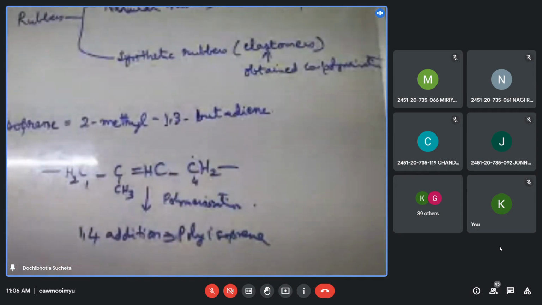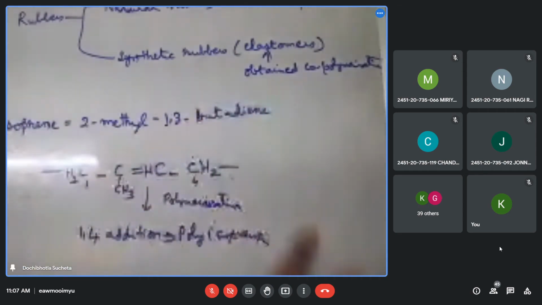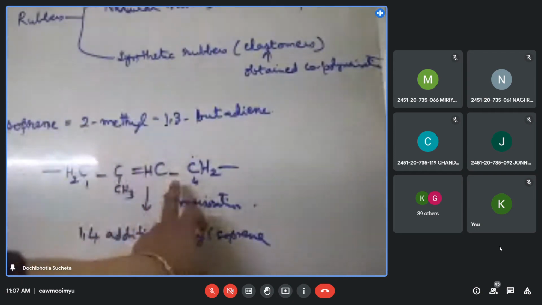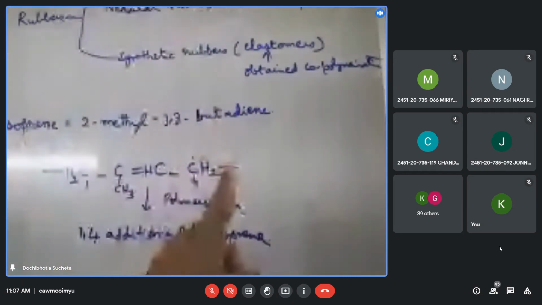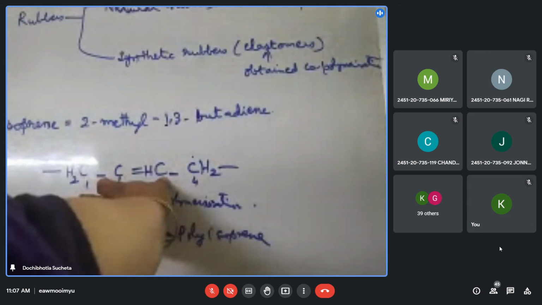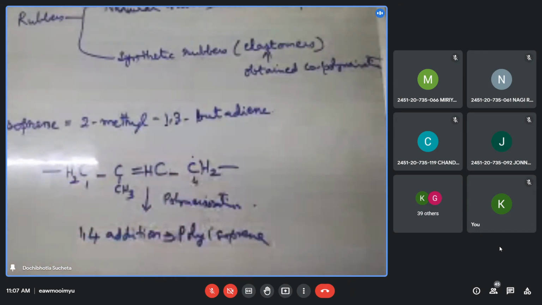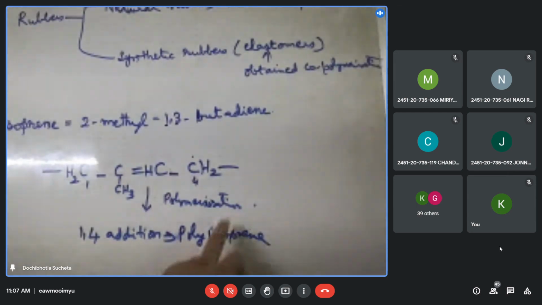I hope you understood. Why I made you listen to this is because the functionality of these butadienes is always 2. Though they have 2 double bonds in the monomer, still one double bond will just move to the second end carbon, and the first and fourth carbon will get involved in polymerization. And hence the type of addition is 1,4 addition, to give the polyisoprene, which is nothing but the natural rubber.